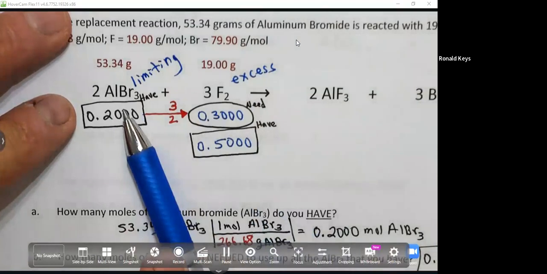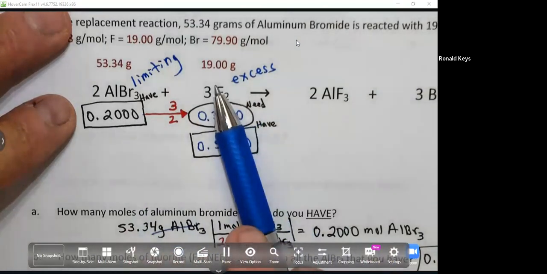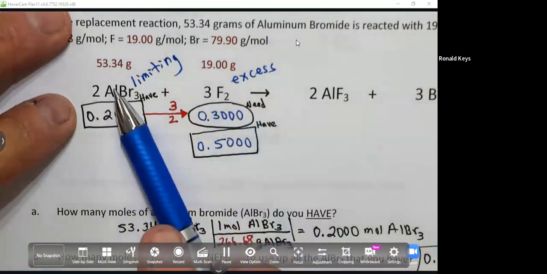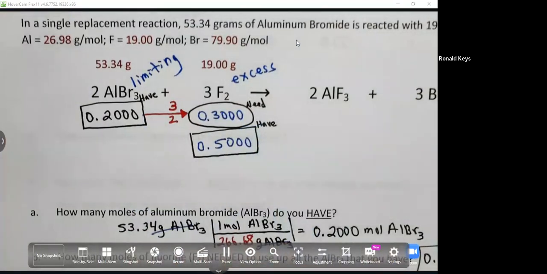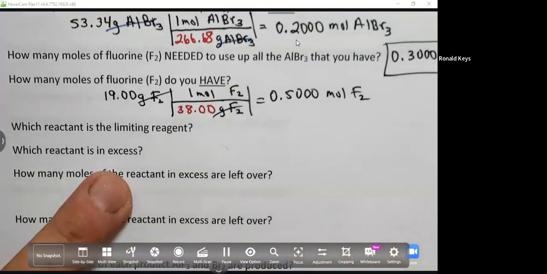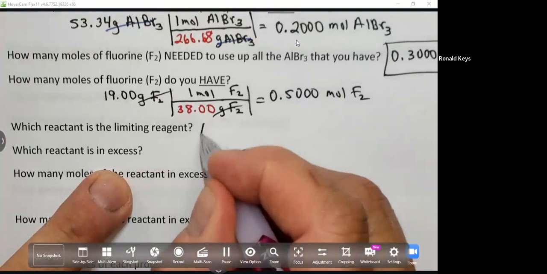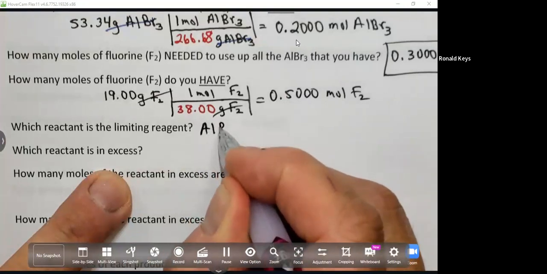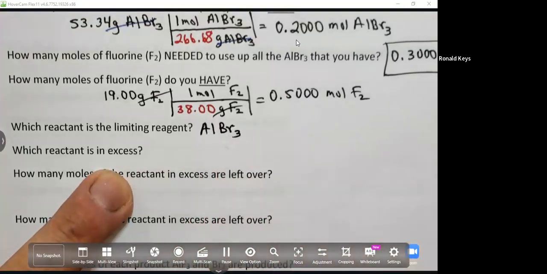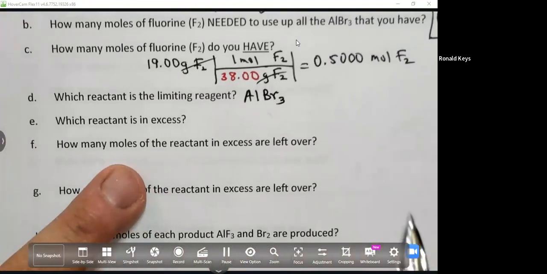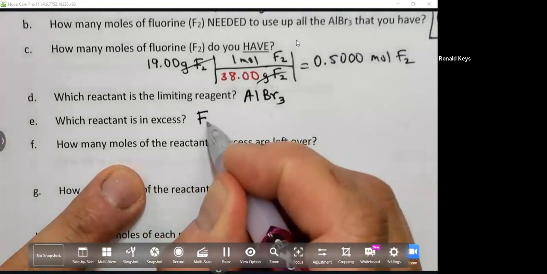You would think it's 19 grams, 19 grams is much smaller than this, but it doesn't work that way. Everything reacts according to the mole ratios. So which one is limiting here is AlBr3. Which reactant is in excess? F2.